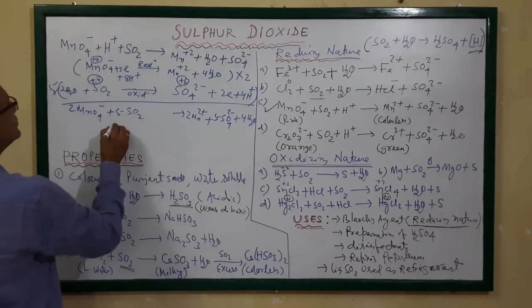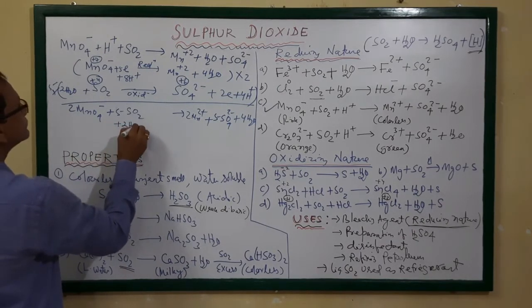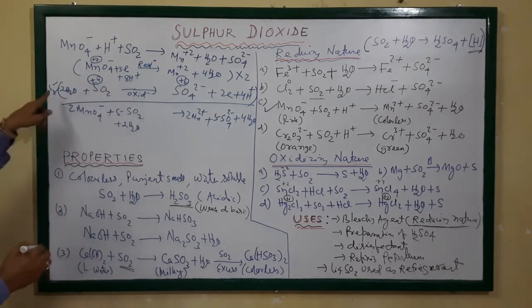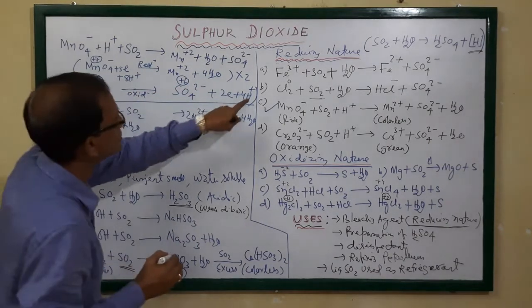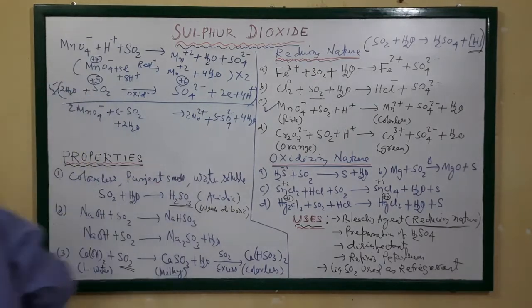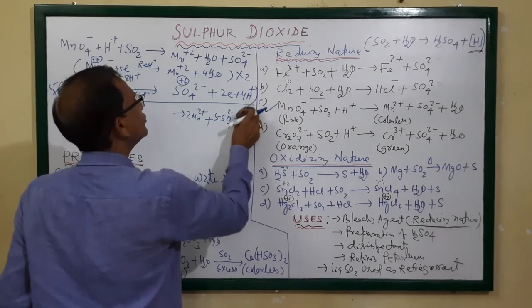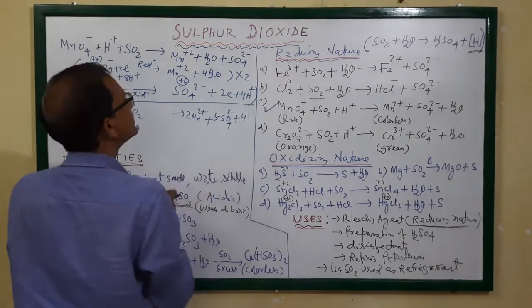So 2H2O will be here. Now H plus is 16 on one side and 20 on the other, so 4H plus will be there.